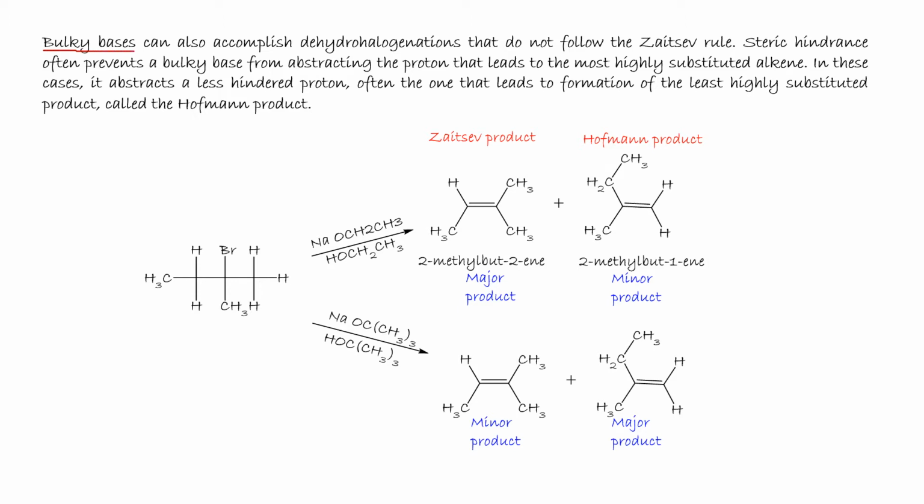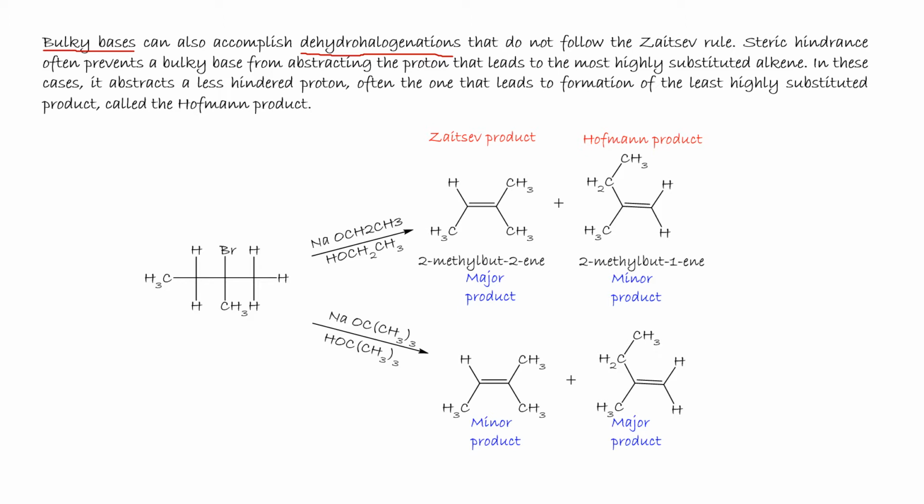Bulky bases can also accomplish dehydrohalogenation that does not follow Zaitsev's rule. Remember Zaitsev's rule, that we always expect the elimination reaction to give the more substituted alkene because it is more stable.